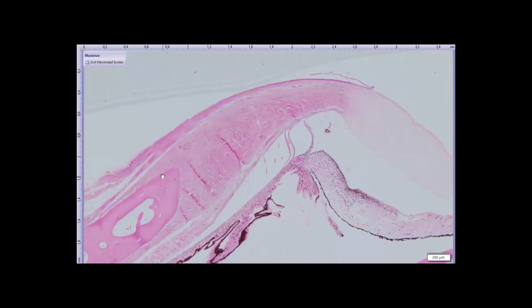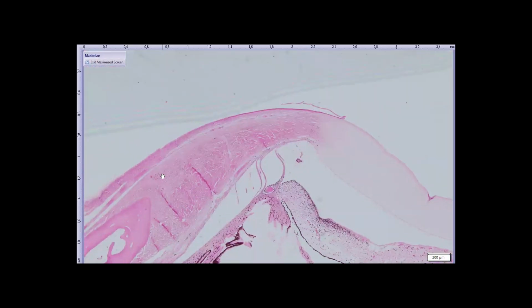They have a Brücke's muscle, the posterior ciliary muscle, which is robust. You can see it here, it's very robust. And then they have either no, or very rudimentary, Crampton's muscle. If you remember, Crampton's muscle is responsible for corneal curvature.